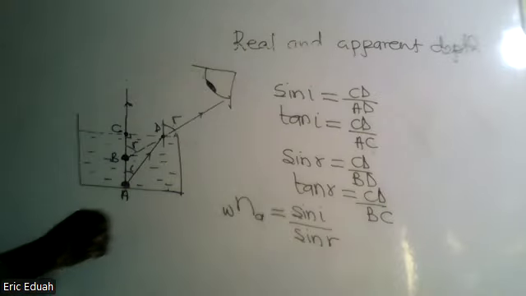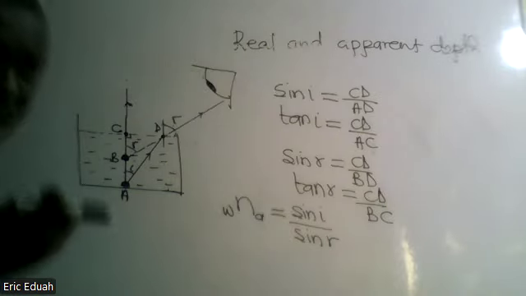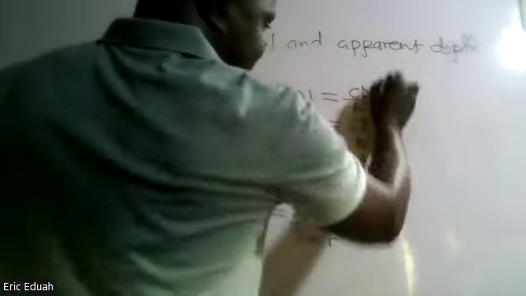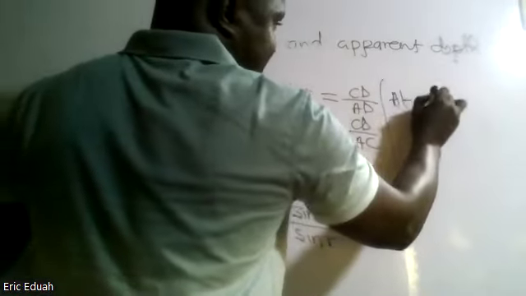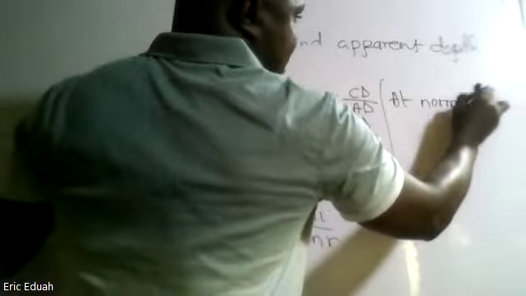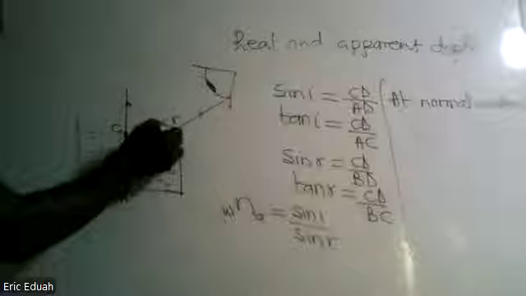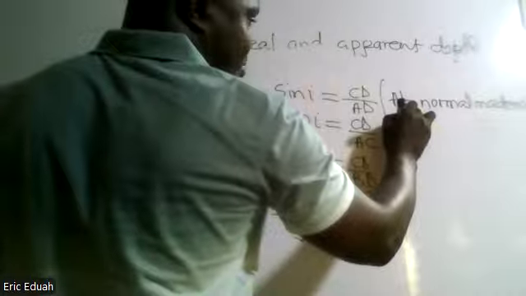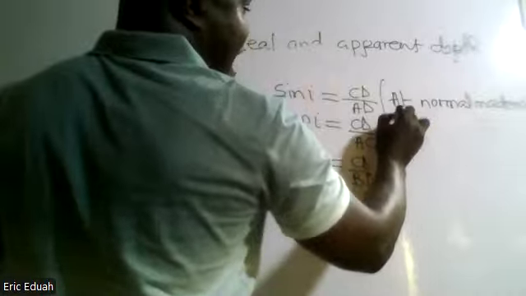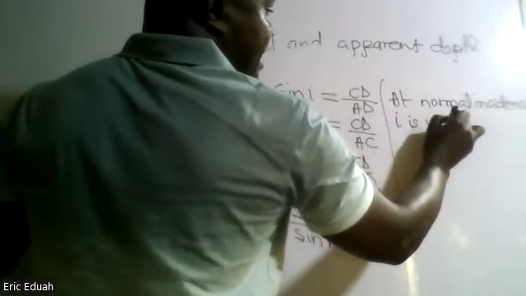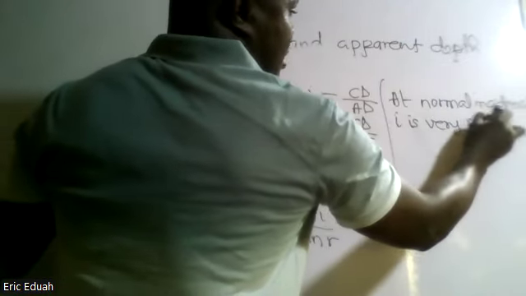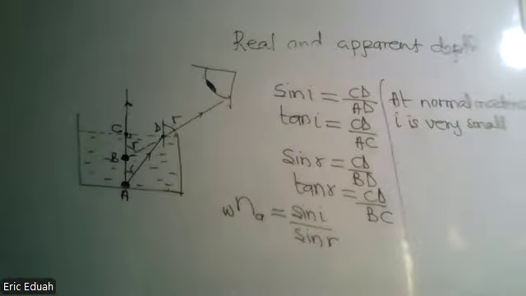Now, the condition for this is that we consider small angles, and this is termed normal incidence. Normal incidence here means that we are considering a small angle of incidence I, which will give us a corresponding small angle of refraction R. If I is small, R will also be small.